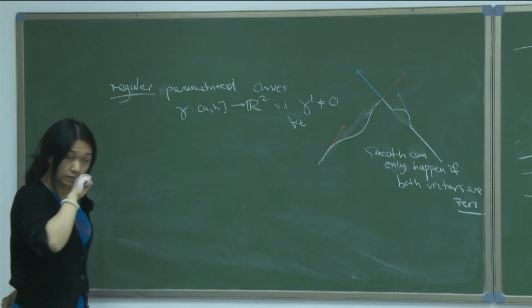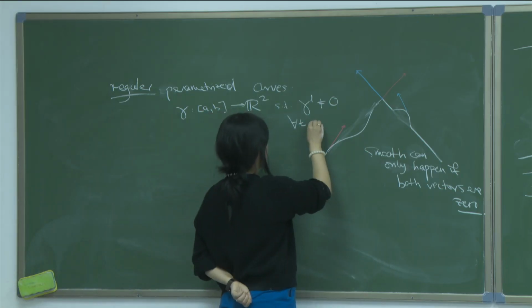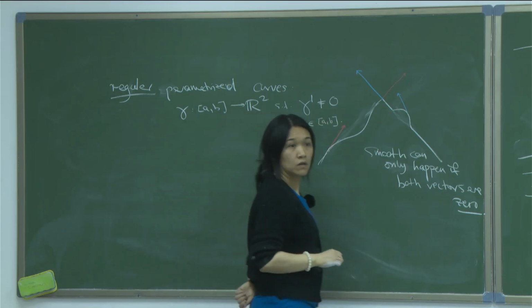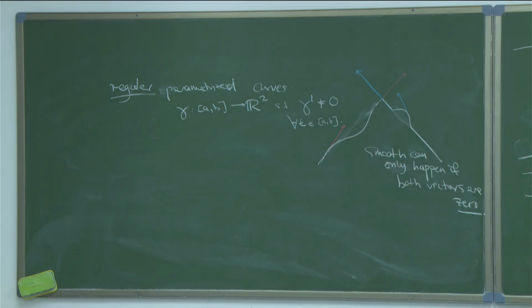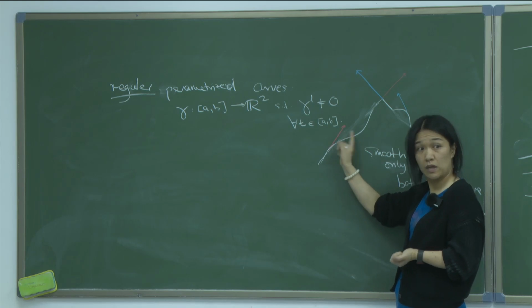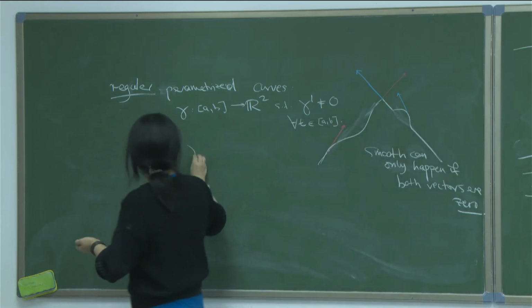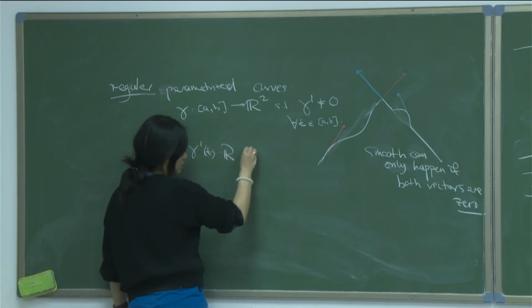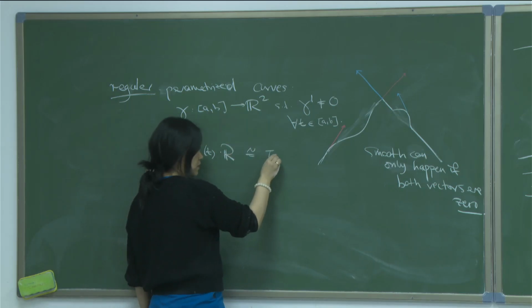Okay. Again, this is really important because my gamma prime, this vector here, gives me my tangent space, right? Gamma prime at t times R is basically my tangent space.